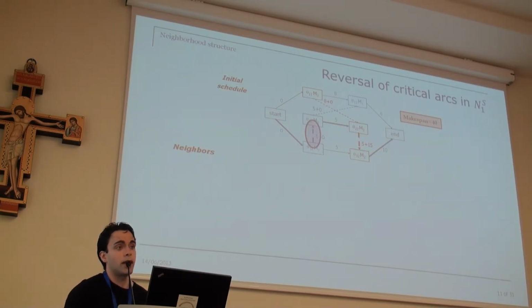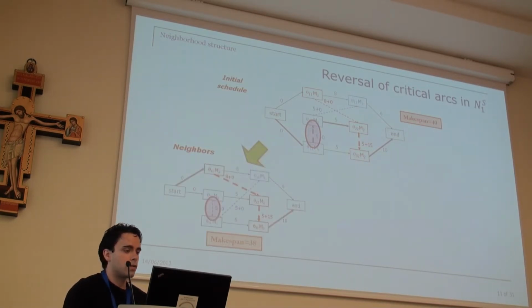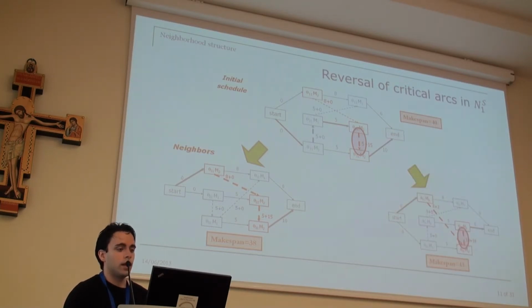We can create one neighbor reversing this arc to create this schedule, and we also can create another neighbor reversing the other critical arc to lead to this other schedule. We can see that the neighbors can have lower or higher makespan than the initial schedule.